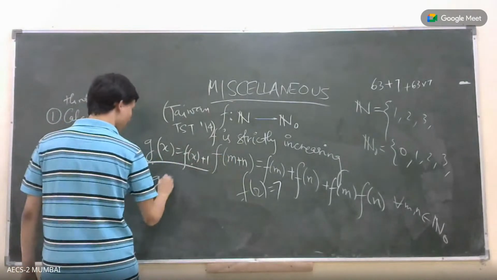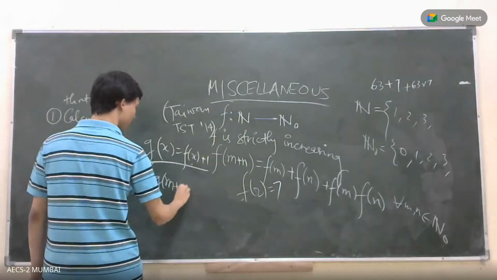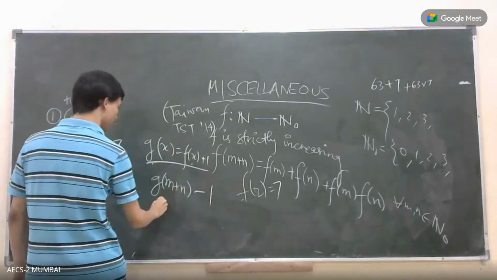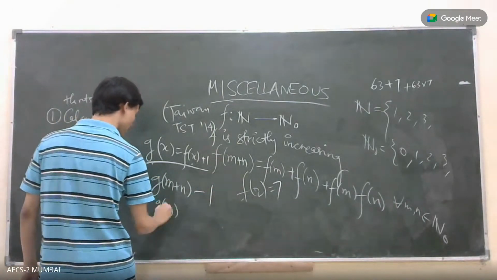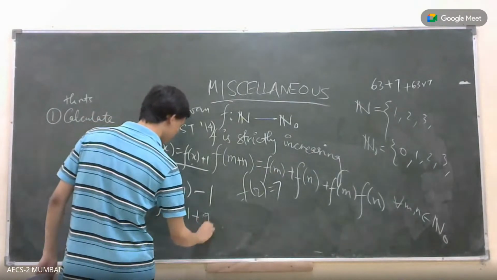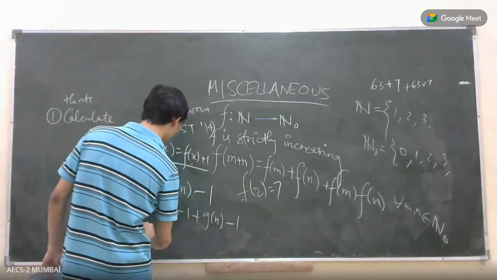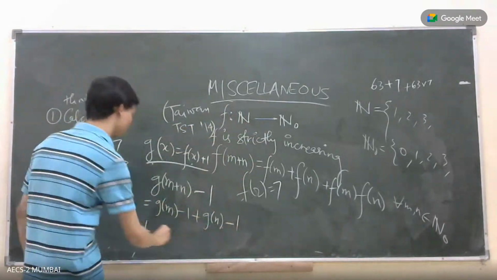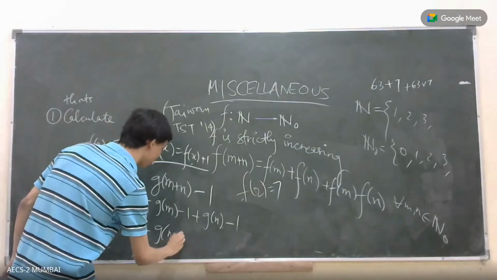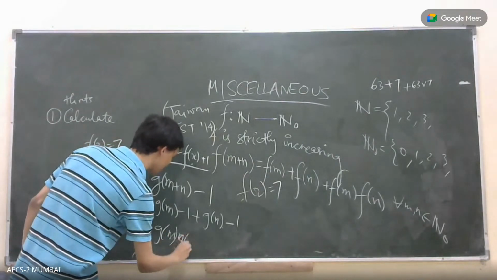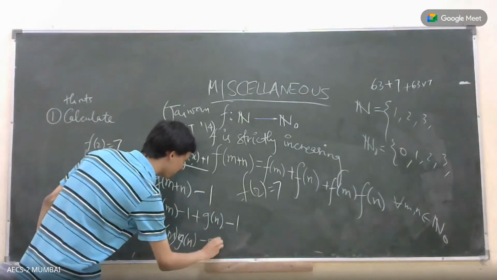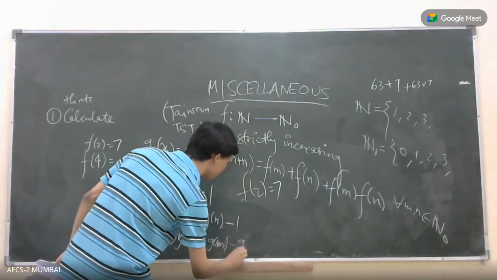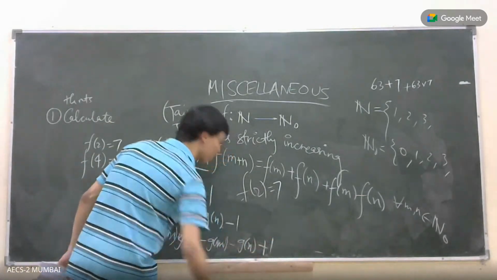This becomes g of mn minus 1, this becomes g of m minus 1, g of n minus 1, plus g of m minus 1 into g of n minus 1, which becomes g of mn.